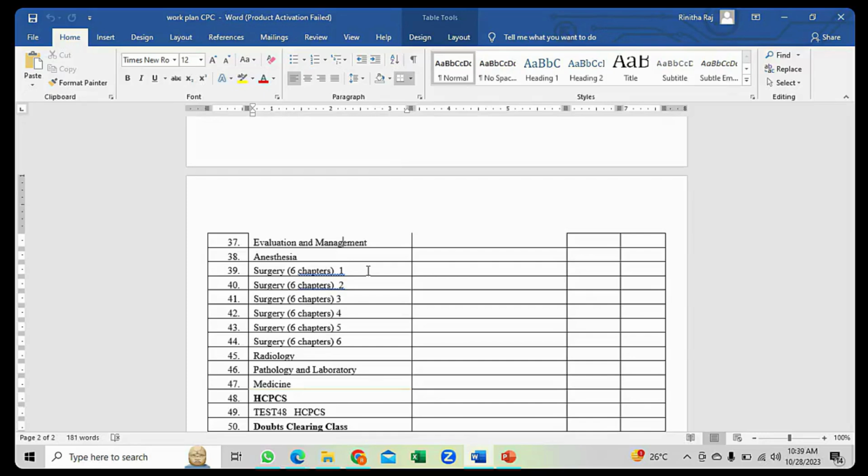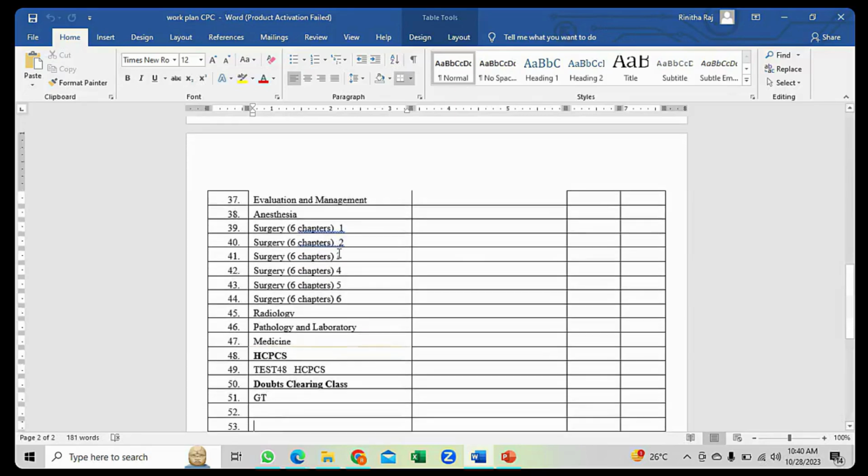All these are considered services, that is evaluation and management services. Then anesthesia, where an anesthesiologist is performing certain things, so for that also we will have codes. Then radiological services, pathological services, general medicine services. That constitutes the second book, our CPT.